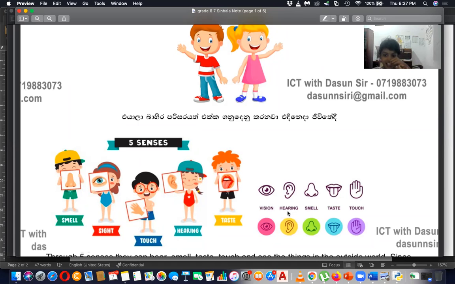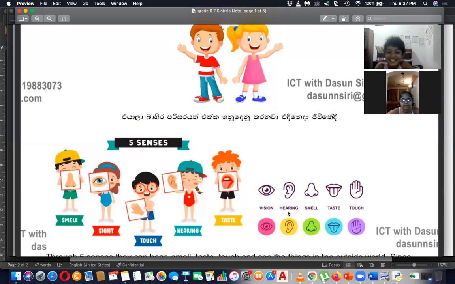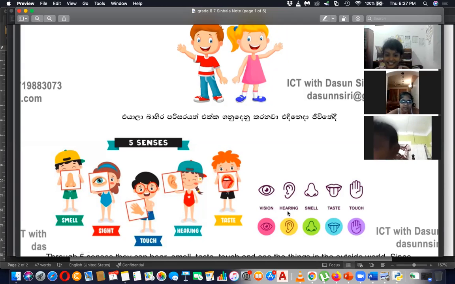It cannot touch you either. But vision and hearing are possible. It cannot touch you, but you can touch it using a touch screen or touch pad.